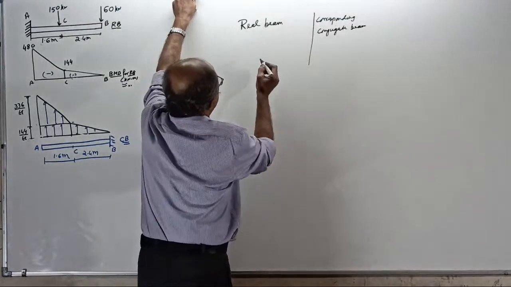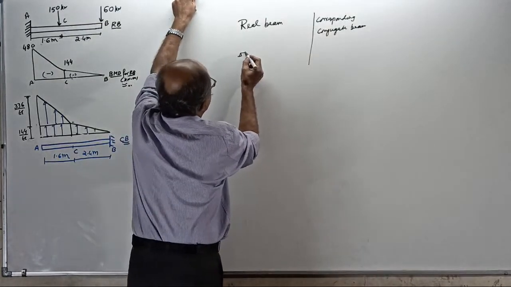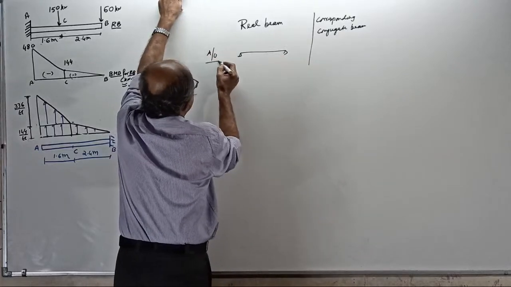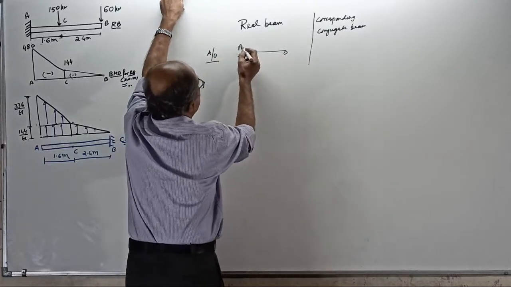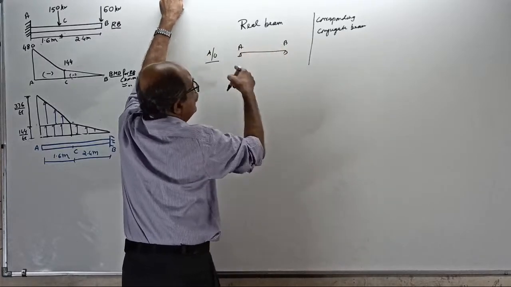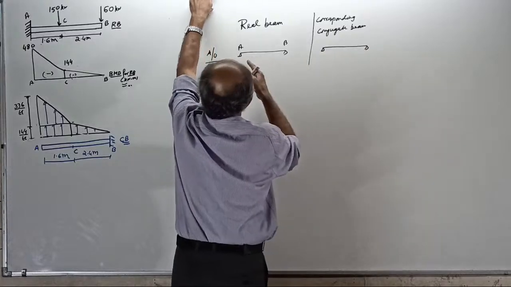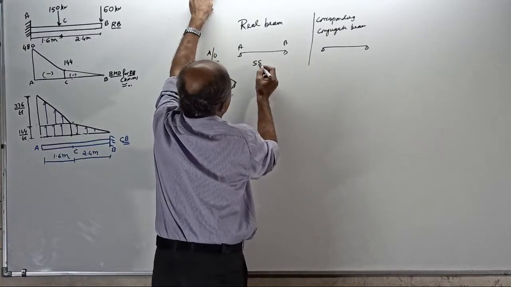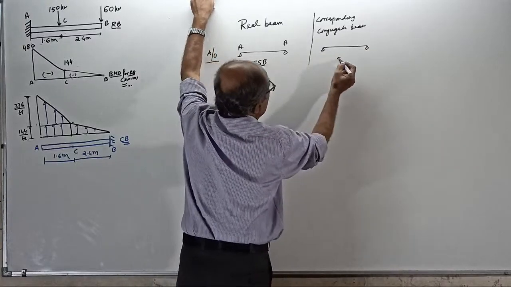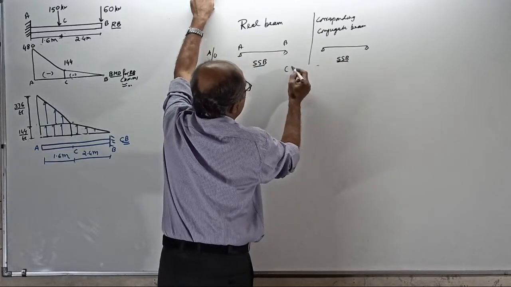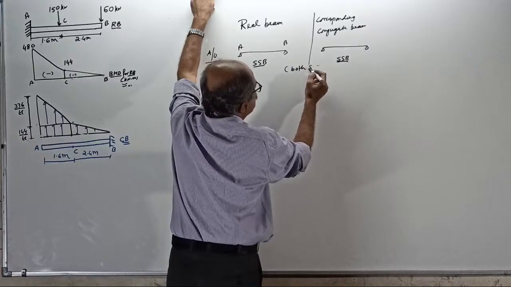Now, if the real beam is simply supported, this is already over. Suppose I take beam AB, don't memorize AB, then the conjugate beam also will remain the same. This is a simply supported beam, and the conjugate beam is also a simply supported beam. Both are the same.